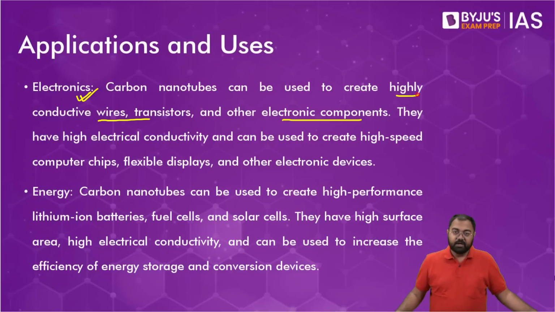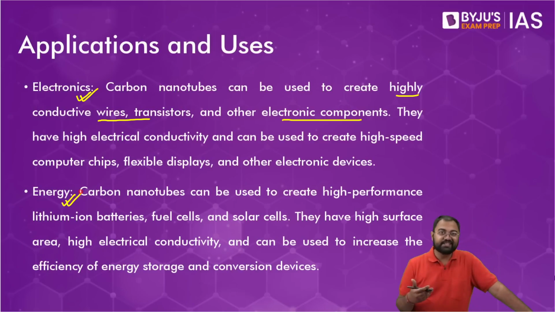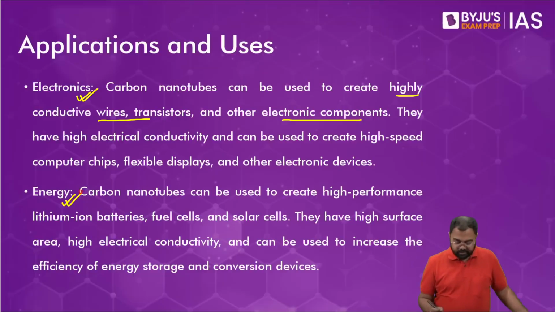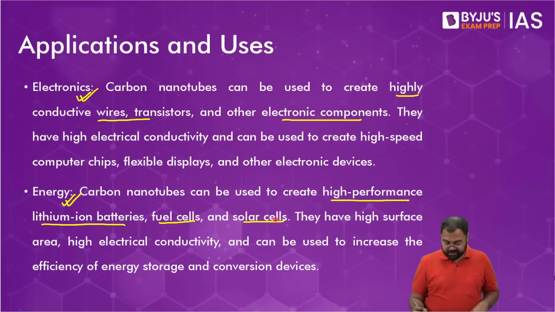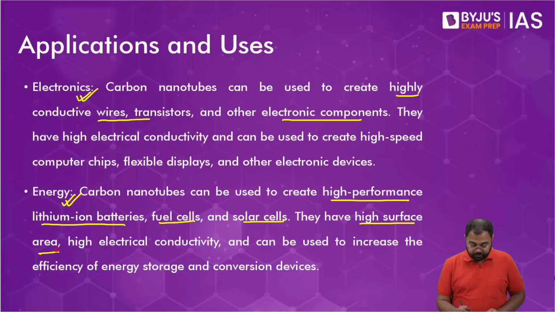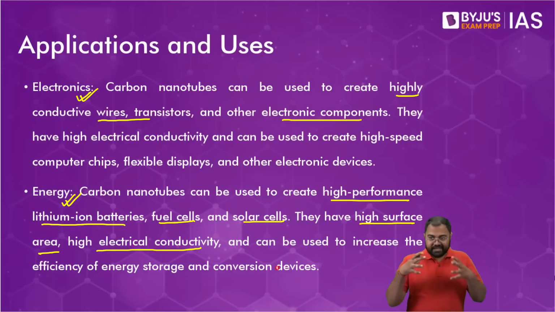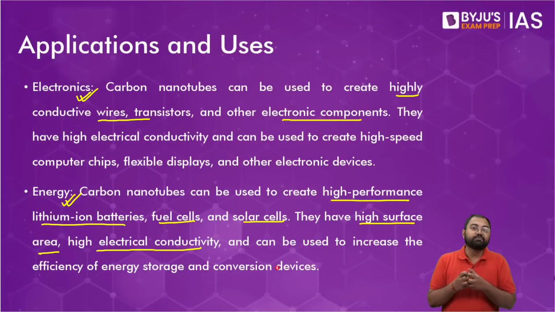At the same time, they can also be used in the sector of energy, because they would be able to increase the efficiency of these batteries or cells, etc. So for example, in lithium ion batteries, they become very, very useful, because they will be able to improve the performance of lithium ion batteries or fuel cells, solar cells, etc. And all these can happen because they have a high surface area, high electrical conductivity, and that's why they'll be able to improve the energy storing capacity of all these batteries.